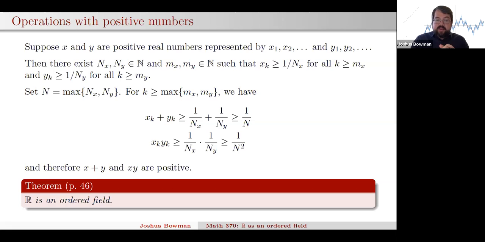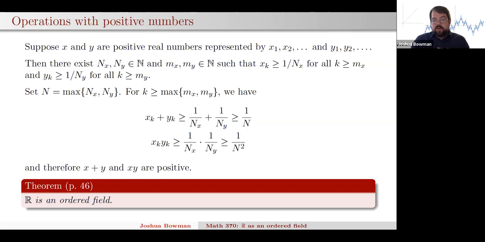What about if we multiply them? Well, if we multiply them, x sub k times y sub k, that's going to be bigger than or equal to 1 over n sub x times 1 over n sub y. And you know that n sub x and n sub y are both less than or equal to n, so the product of 1 over n sub x and 1 over n sub y is greater than or equal to 1 over n squared.